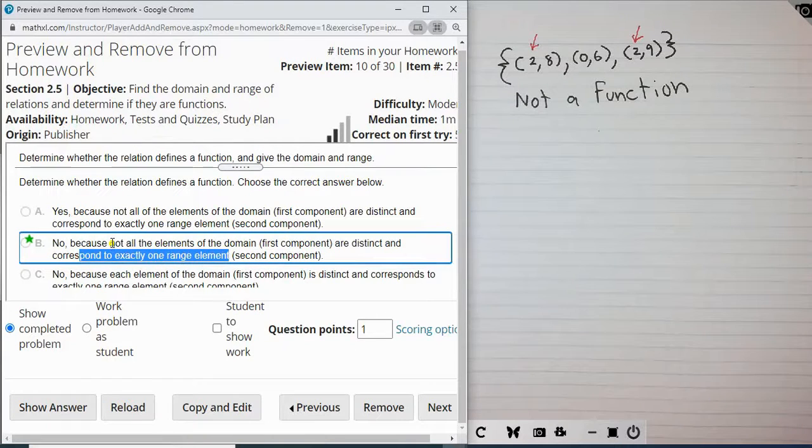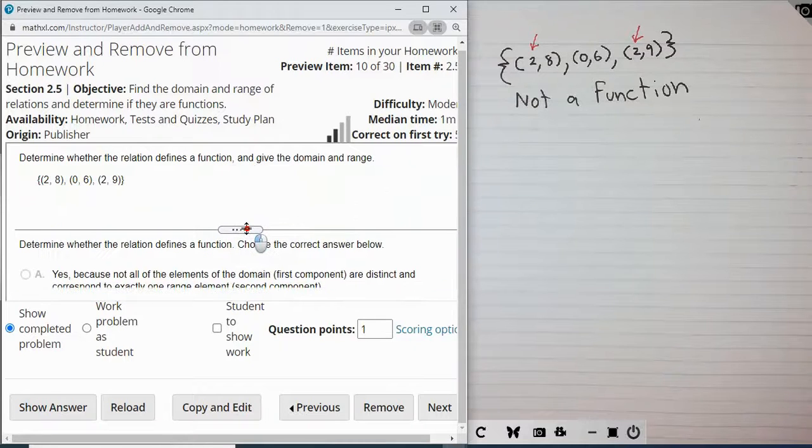Notice the not there. Be sure to read this very carefully. It's not a really hard thing to do, but you really have to use some reading skills to get this answer correct.